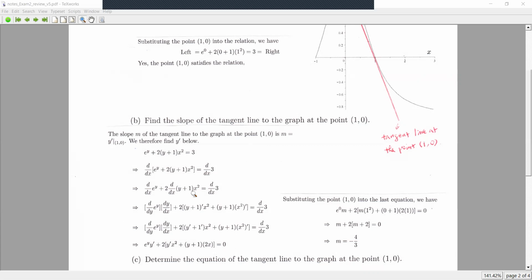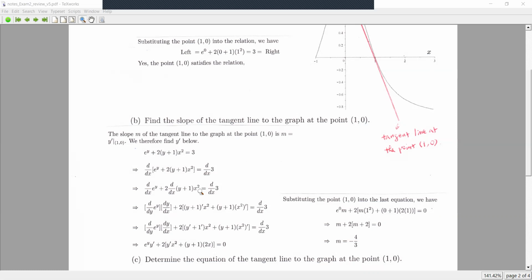Because the function is a product, y depends on x, y plus 1 therefore depends on x. So y plus 1 is a function of x. X squared depends on x. It is a function of x. So y plus 1 times x squared is a product of two functions.